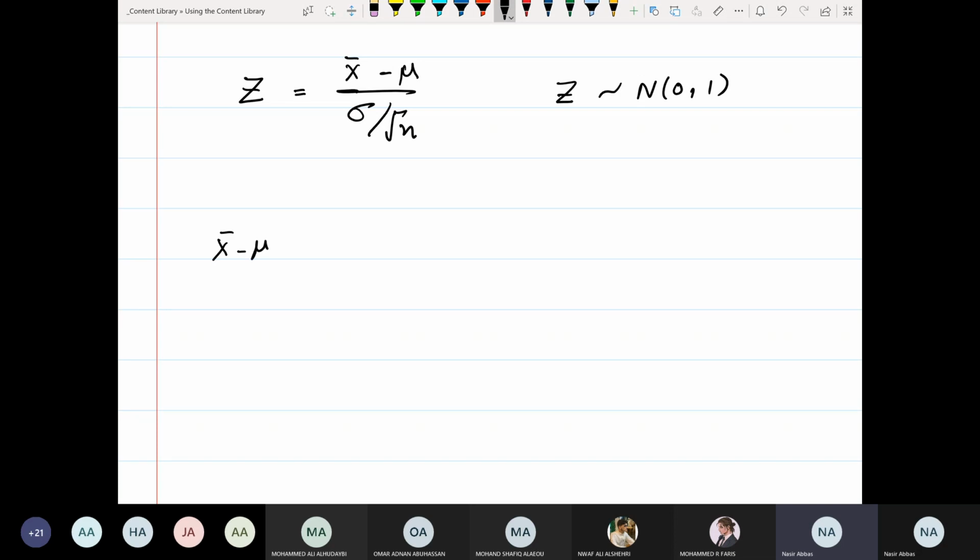X bar minus mu is z times sigma over root of n. Right? And then you take mu to the other side and you'll get mu equals x bar minus z times sigma over root of n.